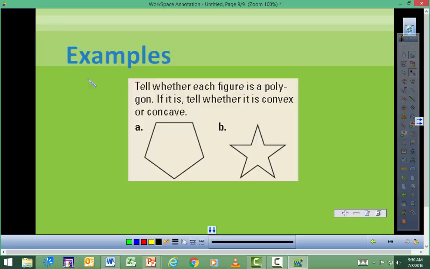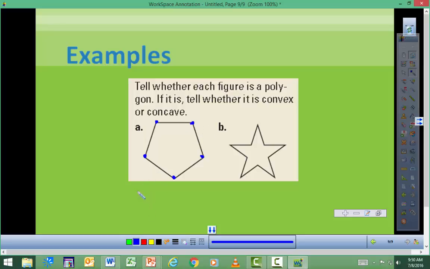All right, so the first question is whether or not it's a polygon. Well, remember, polygons are made up of straight line segments and they intersect at two endpoints only. And it looks to me like everything's fulfilled here. By the way, how many sides does it have?